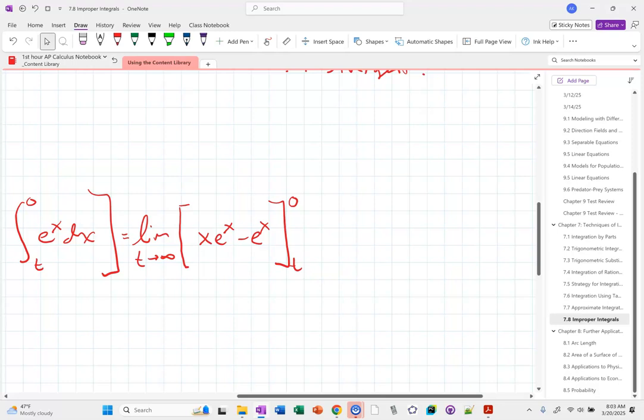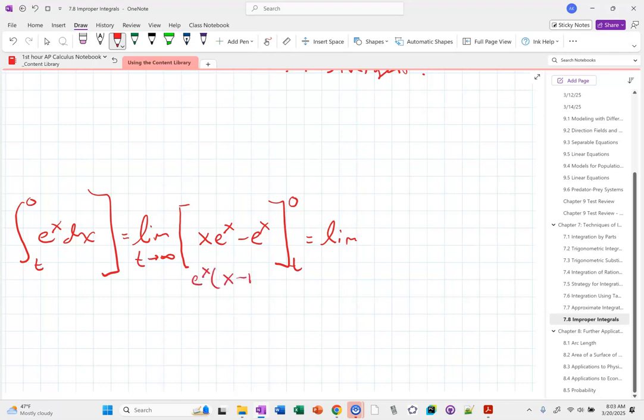So now let's plug some stuff in. So we have the limit, and maybe even I think about this like that. That might make things a little bit simpler. You don't have to, though.